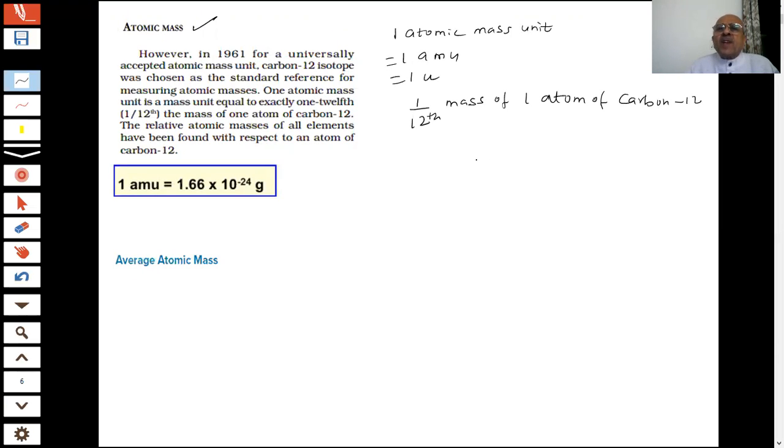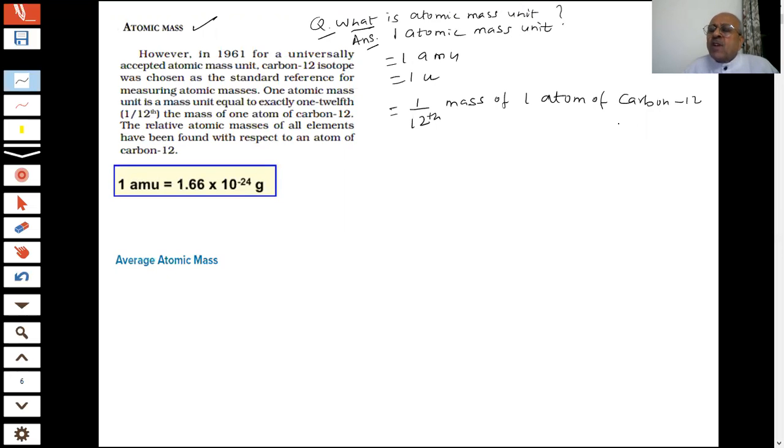So what is an atomic mass unit? This question is asked many times to students. Our answer is: one atomic mass unit, or one AMU, or one U, is 1/12 the mass of one atom of carbon 12.